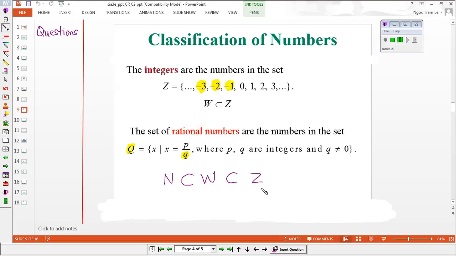Whole numbers are a subset of integers, because integers include negatives and whole numbers don't have negative numbers. Integers are a subset of rational numbers, because rational numbers also include fractions that integers don't have, such as 0.25 or 1/4. So please write it down in your notes and make sure you include at least one question.